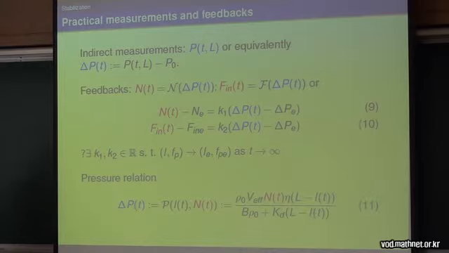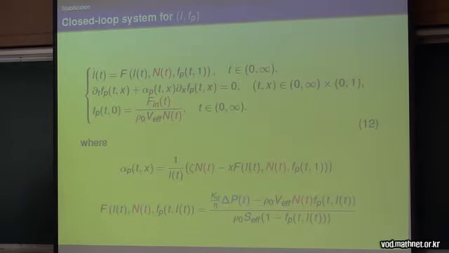So finally, the feedback law becomes the feedback of the solution itself. Okay, and here is the closed loop system. I write it again, and just to remind you that n and f in are all functions of lt.